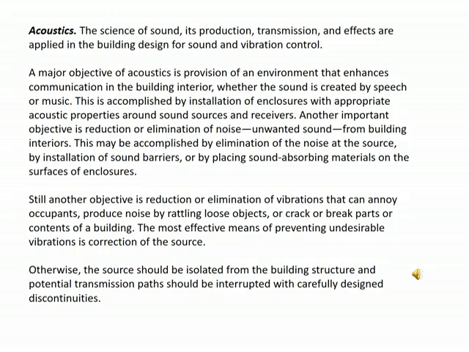So when the sound is created by music, an acoustic system has to be utilized. This is accomplished by the installation of an enclosure with appropriate acoustic properties around the sound source and the receiver. So around the sound source we have to install appropriate acoustic properties and materials. Another important objective is the reduction or elimination of noise.